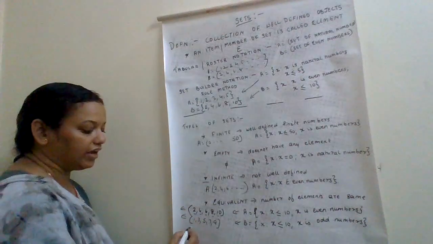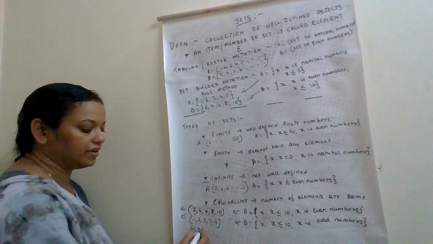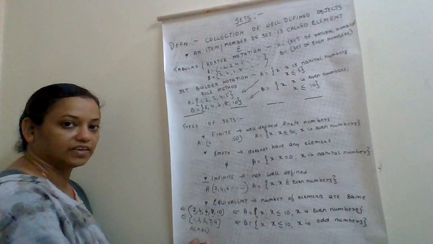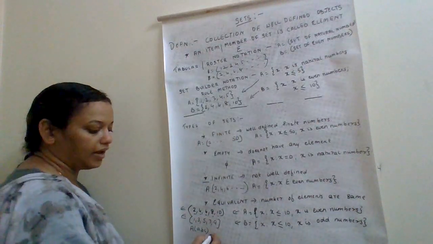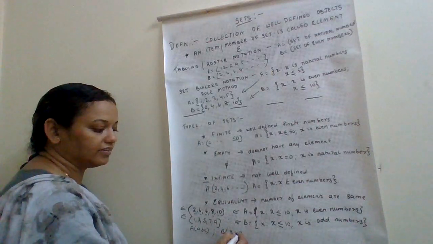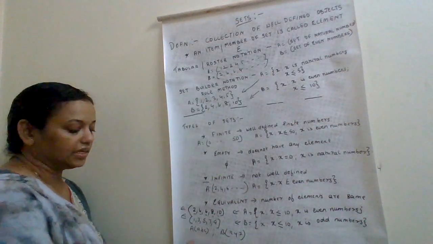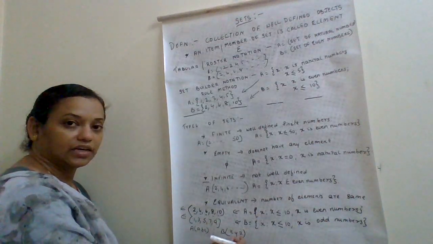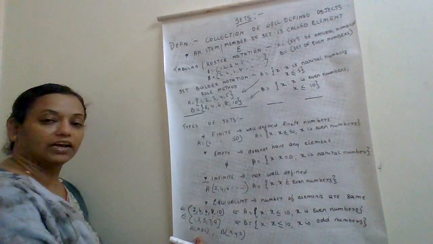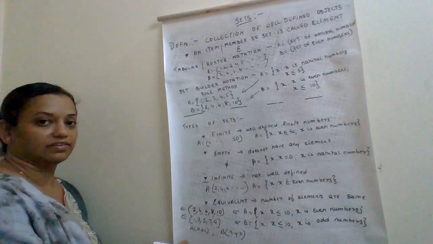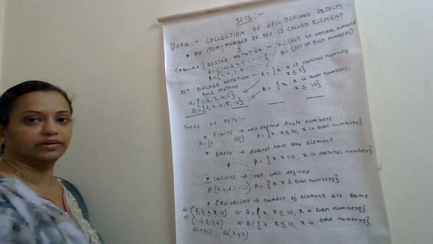Now if A equals {a, b, c}, and B is defined as {x, y, z}, still they are equivalent sets. Why? Because there are 3 elements in B and 3 elements in A. So the number of elements in each of these sets is the same. So therefore they are equivalent sets.